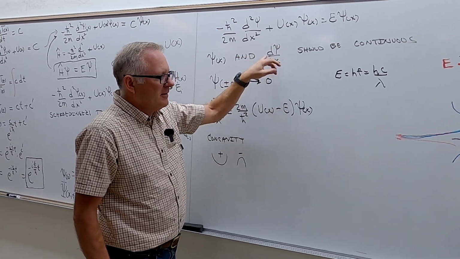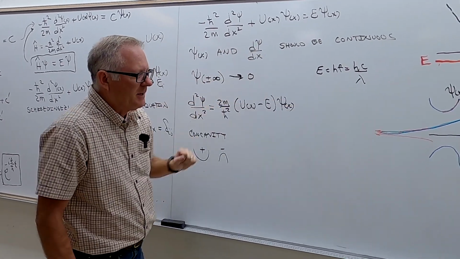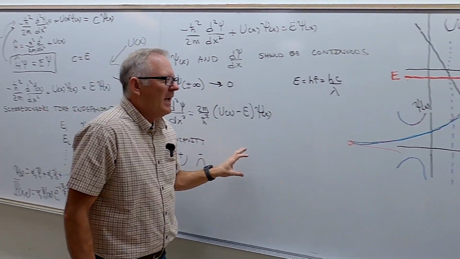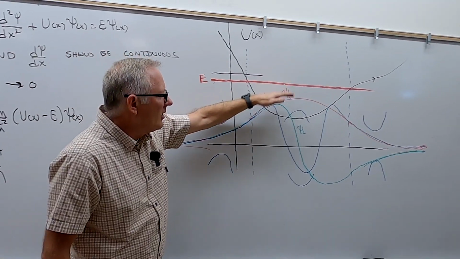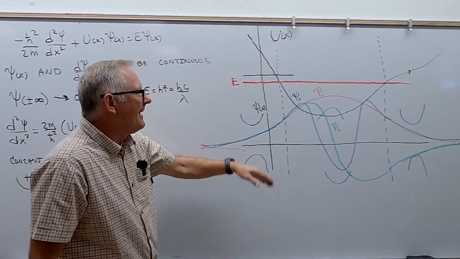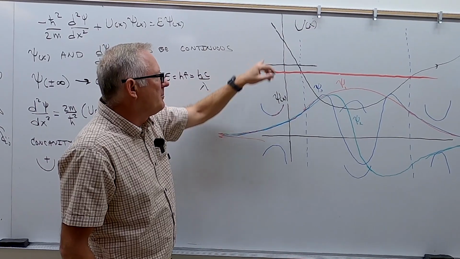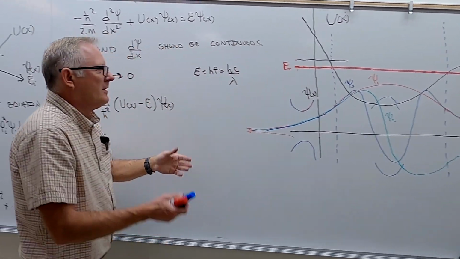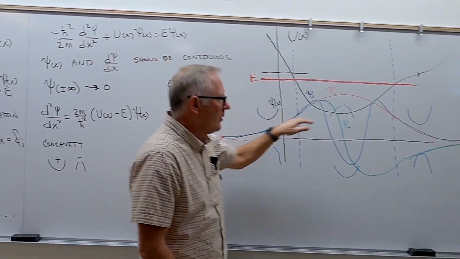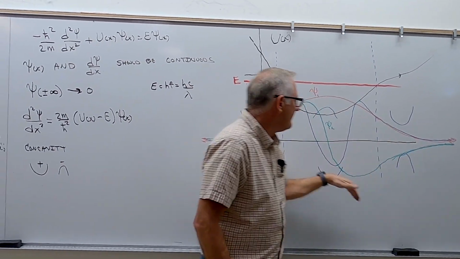The slopes and the values have to be continuous. And we saw from concavity, anytime your U is below the energy, you're just going to wiggle back and forth. And anytime your U is bigger than E, you're probably just going to exponentially die out on both sides right here.